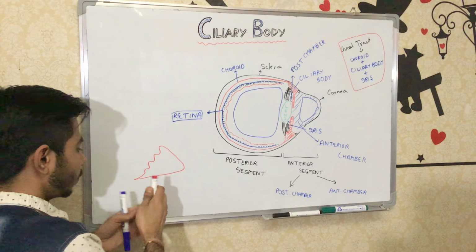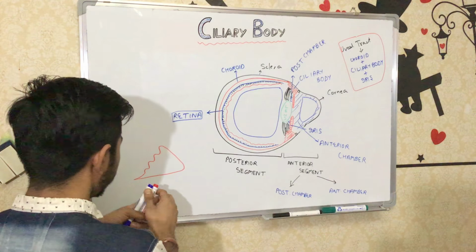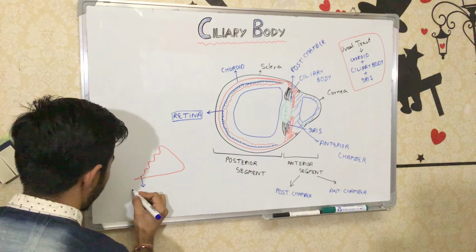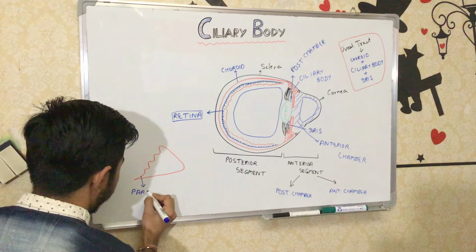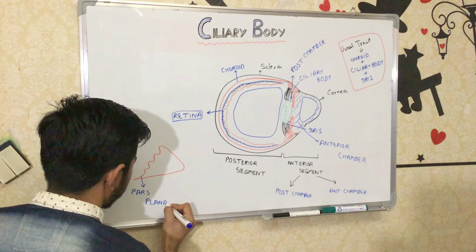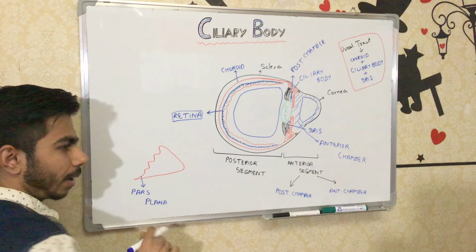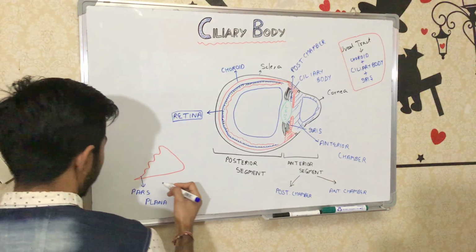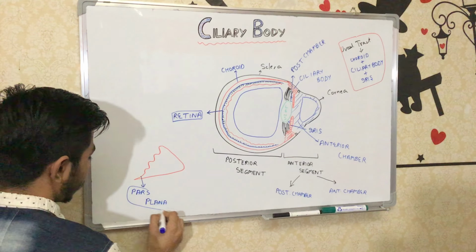actually the ciliary body has two portions, right? This portion we call the pars plana, because as you can see I have drawn it like a plane. This is the plane part, so we call it the pars plana.